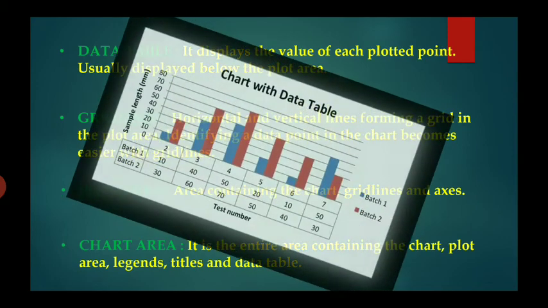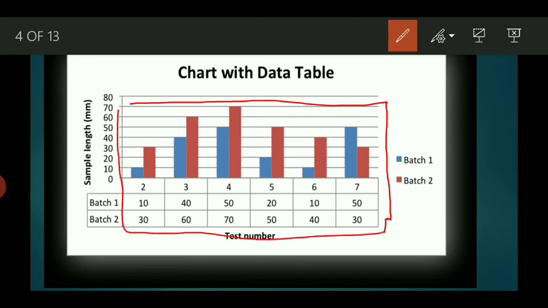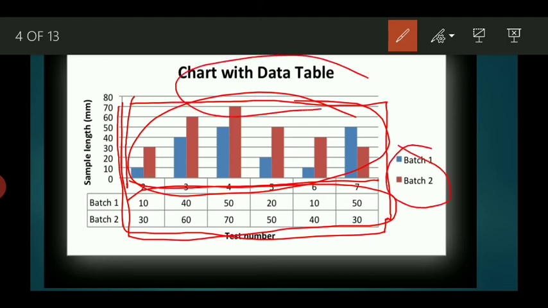If you see the picture, this area, as I just told you, is the plot area, where you can see the x-axis, the y-axis and the chart. The plot area is also within the chart area, and you can see the data table, the legends and the chart title. All this together is the chart area, and this is the place where we actually create the charts or graphs.